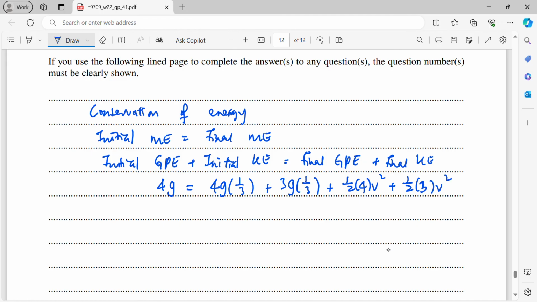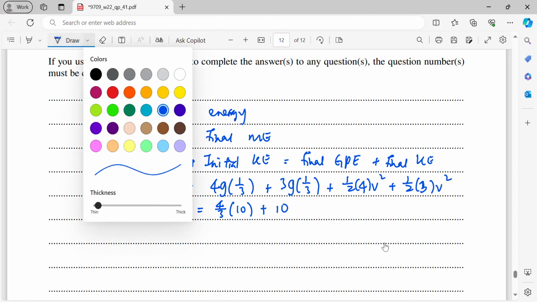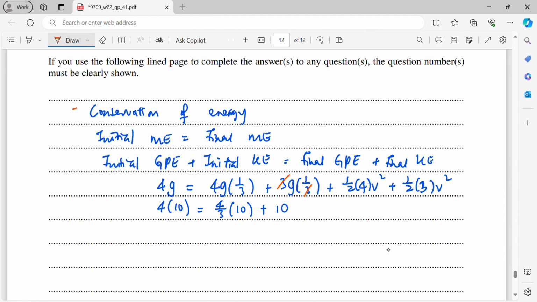So then from here, I get 4 times 10 equals 4 over 3 times 10 plus, the 3 and 1 over 3 cancel, you get g. Then the half and 4 cancel, you get 2, so I get 2 v squared plus 3 over 2 v squared.